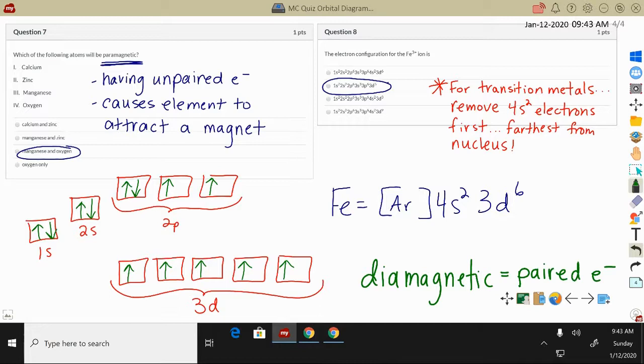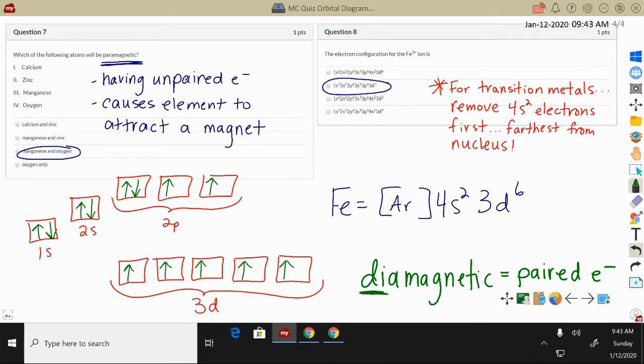And so the problem is trying to think of a way to remember these two, because you think, okay, so paramagnetic. Oh gosh, does that mean they're paired or unpaired? And then you see diamagnetic, and you're like, oh, di, that usually means 2. So I don't know if this helps or not, but I kind of think, okay, diamagnetic, di means 2. So the electrons are paired.